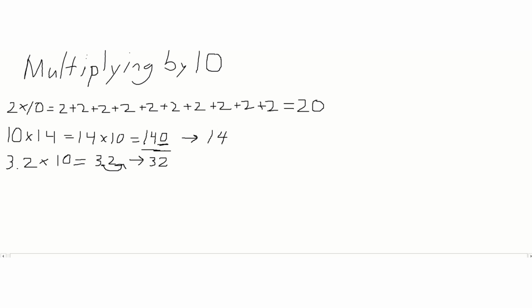We start with 14, and we know 14 equals 14.0. Move that decimal point over to the right one space, and then we still have 140. Same thing with this 20. We'd have the 2 like we started with, the point 0 at the end, and move that decimal point over one space to the right, and then we get 20 again.